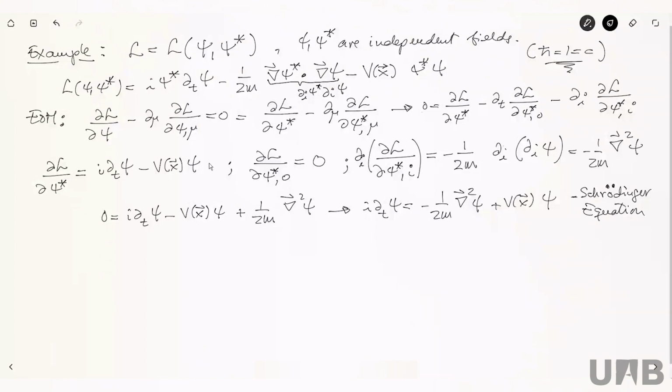We took just derivative with respect to psi star everywhere, and we got this. Now we could do the same thing for psi. So we can compute derivative of L with respect to psi. Now let's repeat all this, but now for the other field. We have two fields, we have to do it for both. So what's the derivative of L with respect to psi?